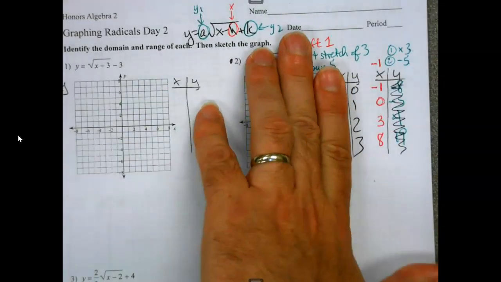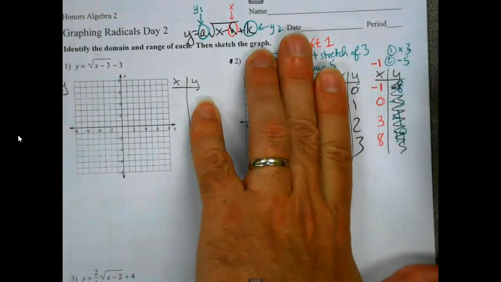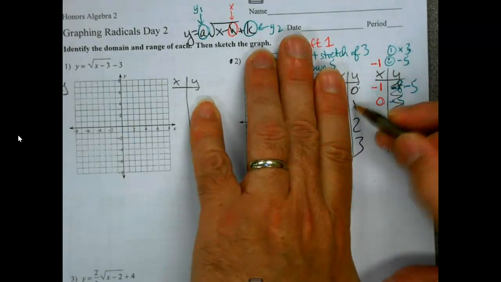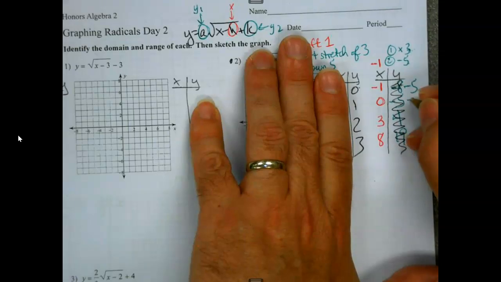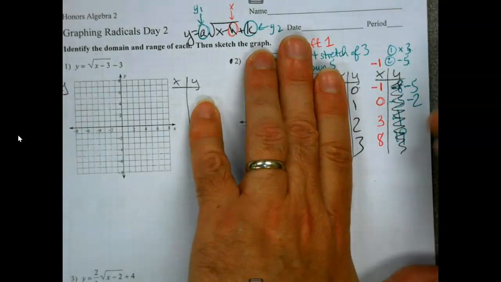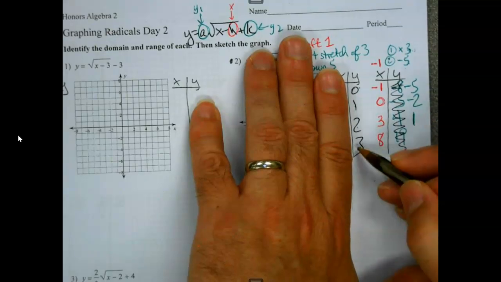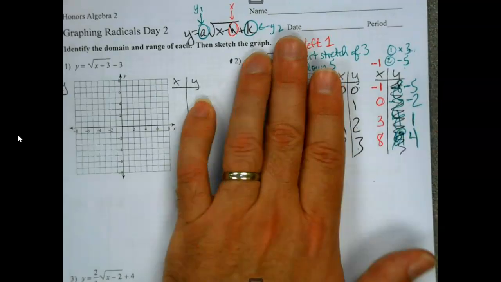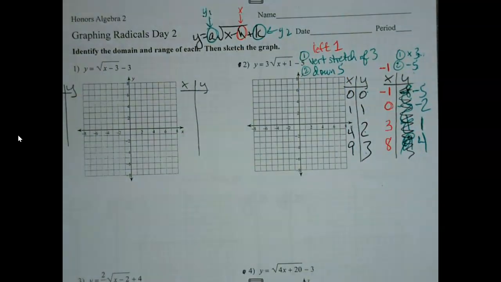I need to cover that up so I can't see them. 0 times 3, that's -5. I was wondering why those numbers were so big. 1 times 3 is 3, -5 is -2. Okay, I'm feeling much better now. 2 times 3 is 6, -5 is 1, and 3 times 3 is 9, -5 is 4. That's so much better. Lesson learned from watching the teacher do a goofy thing.